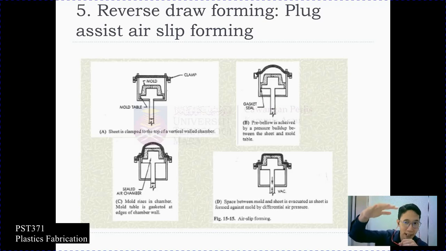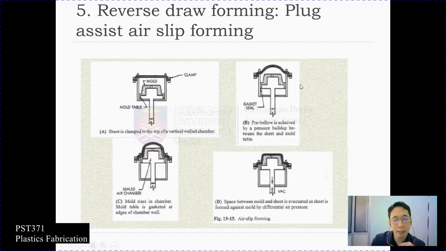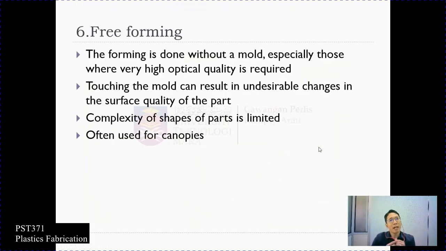Dia tak akan blow lagi dah, dia akan remain, and then the plug atau the mold itself raise, dia akan bergerak, dia akan bertemu dengan bubble awak tadi tu. And then it will introduce the vacuum to take the shape of the mold cavity ataupun plug tadi. So kalau bentuk yang very delicate ataupun very deep, kita akan guna reverse draw forming.